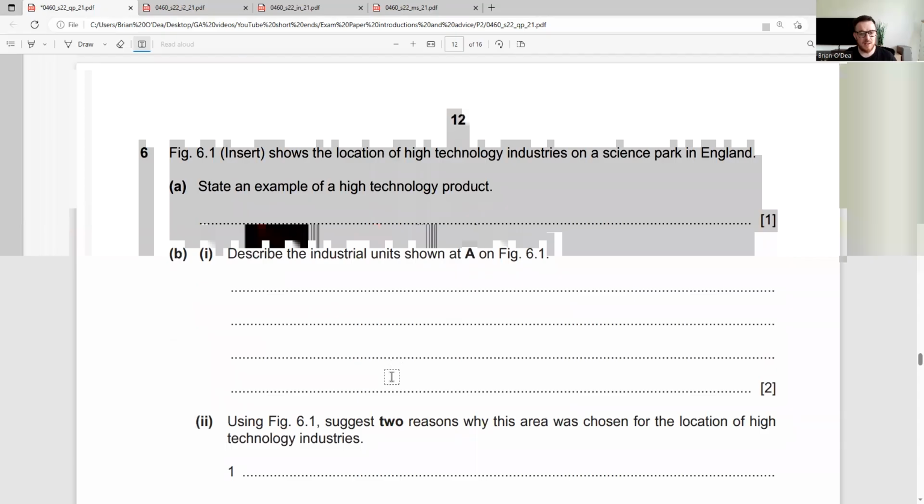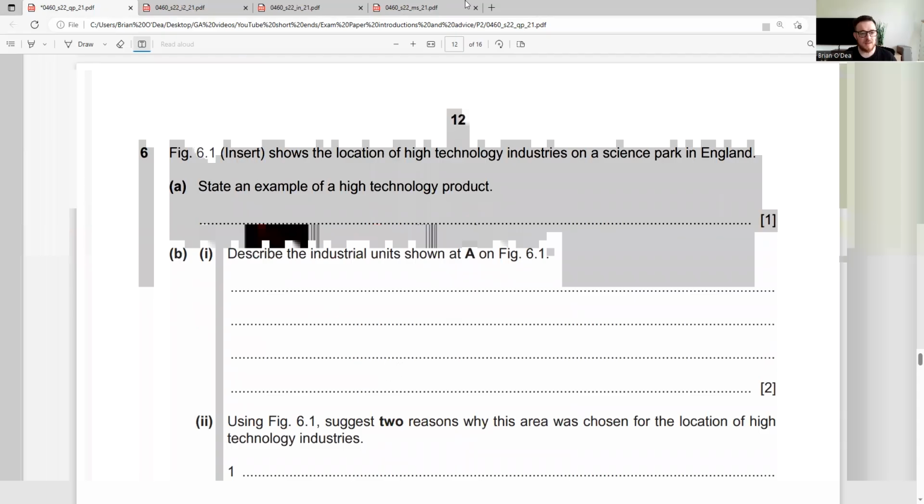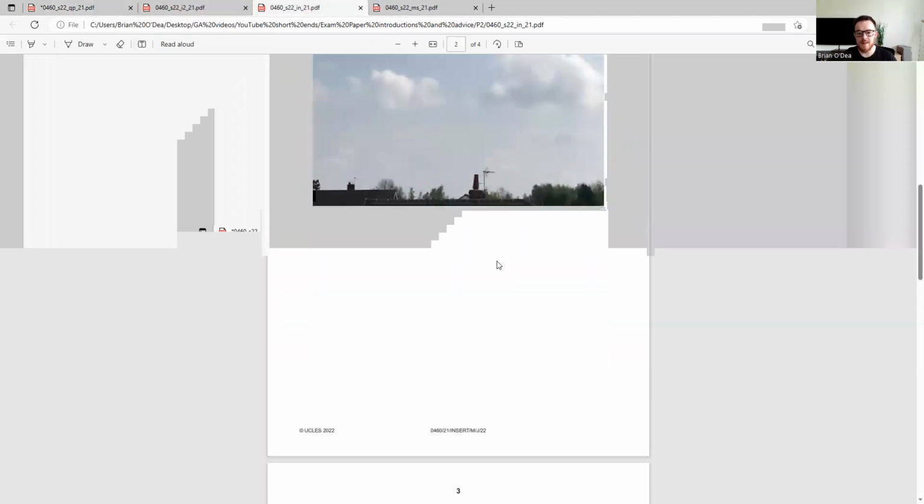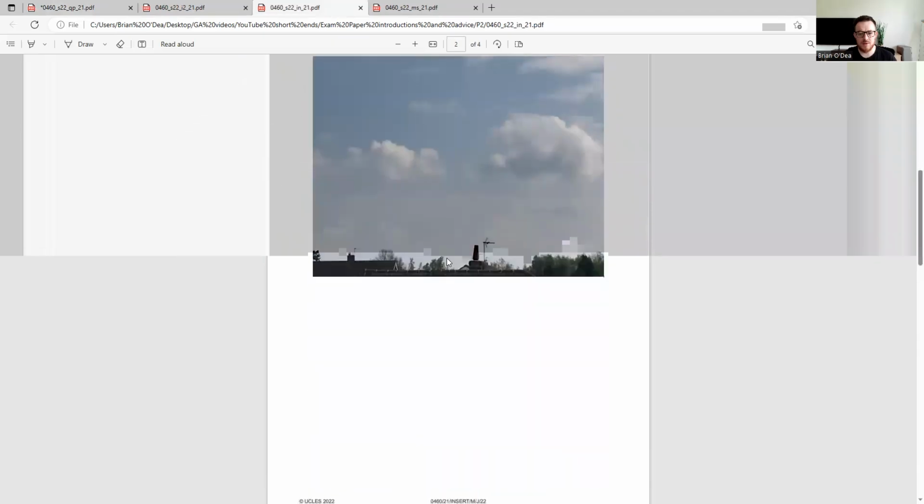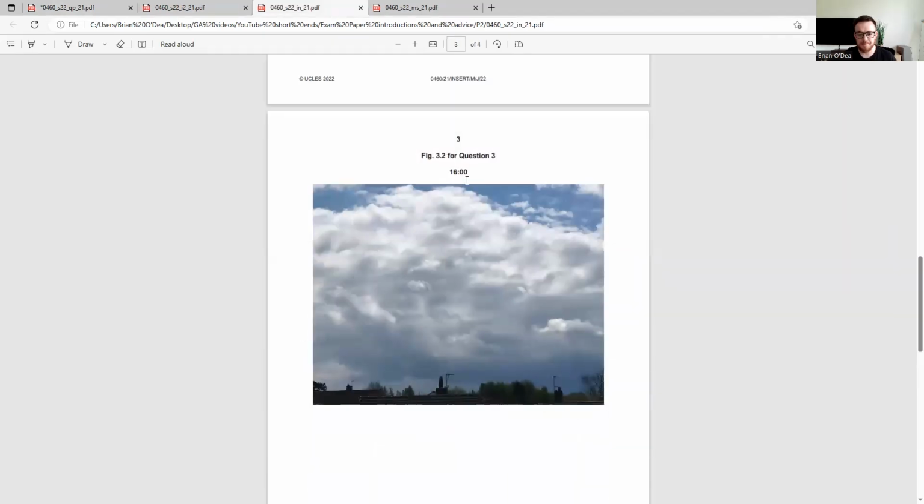The only other thing we haven't talked about is using the photographs, right? We've got a couple here. Let's see the insert. So for question 3, 8 a.m., a picture of the sky; 4 p.m., a picture of the sky again and how it's changed in the same area.